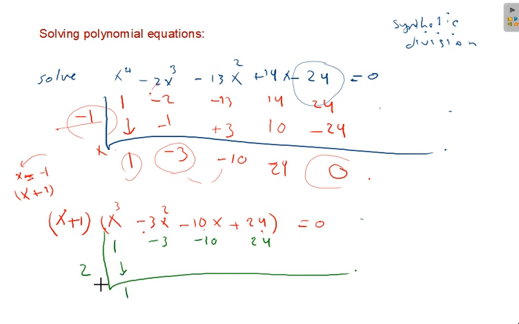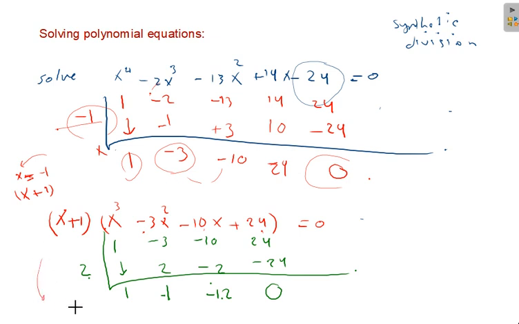Okay, now 2 multiplied by 1 gives me 2. Minus 3 plus 2 equals minus 1. Minus 1 multiplied with 2 is minus 2. Minus 10 minus 2 equals minus 12, multiplied with 2 is minus 24, and here we go with the 0 at the bottom. So let's take a look at the new equation that we got.